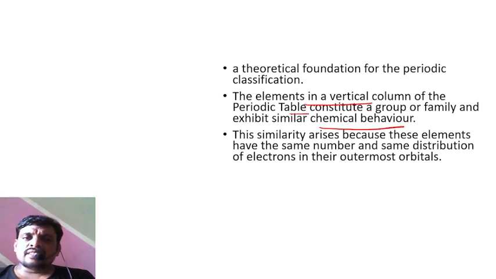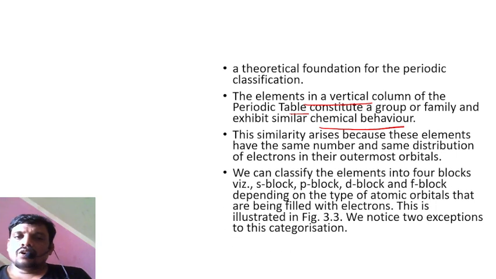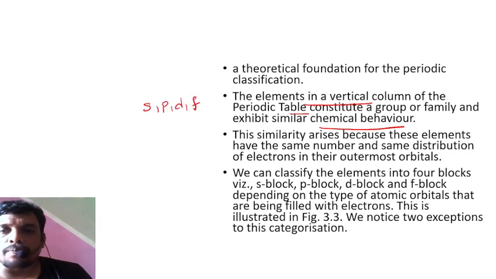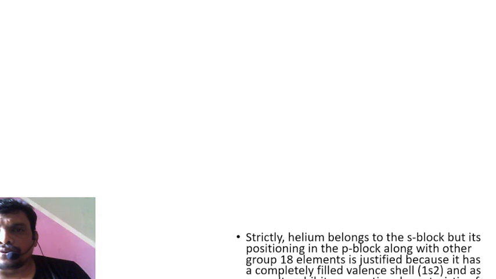This similarity arises because these elements have the same distribution of electrons in their outermost orbitals. We can classify the elements into 4 blocks: s block, p block, d block, f block, depending on the type of atomic orbitals. This is illustrated in figure number 1 that I am going to show to you.